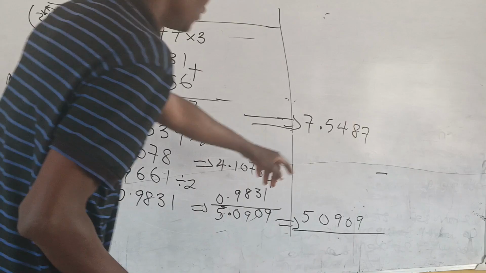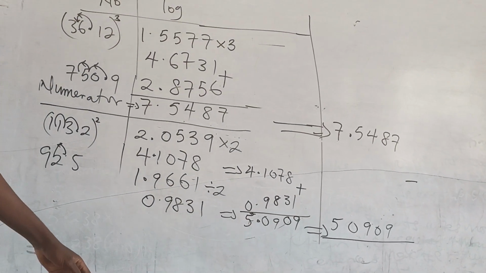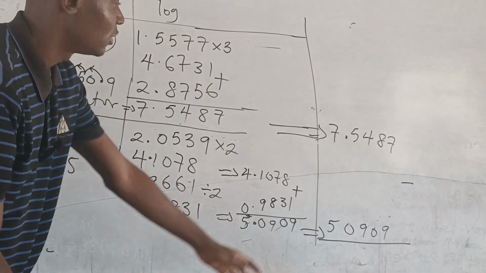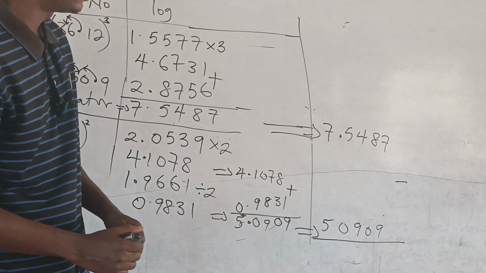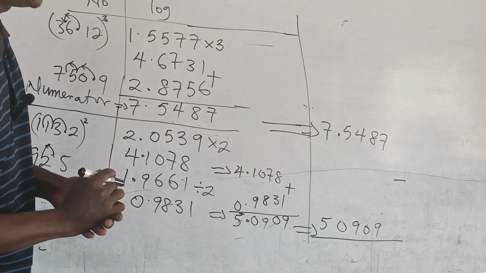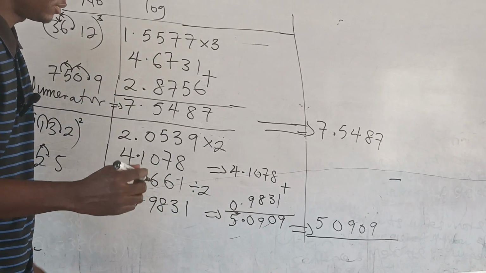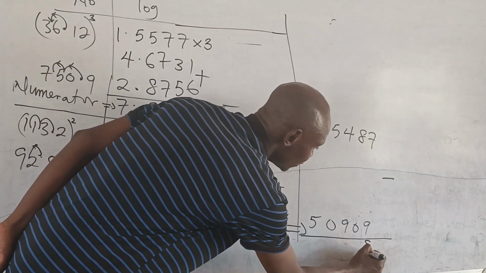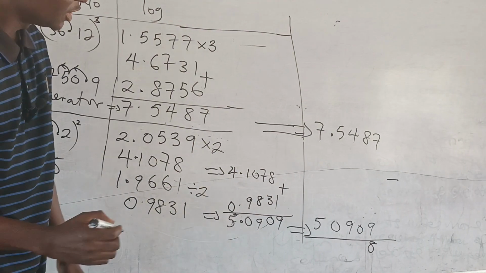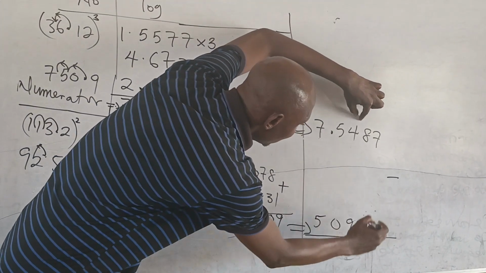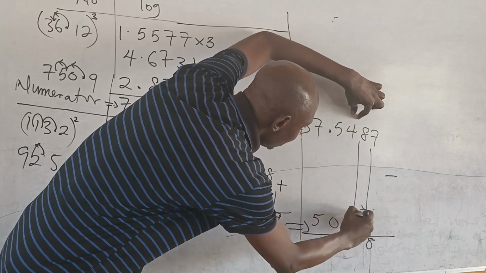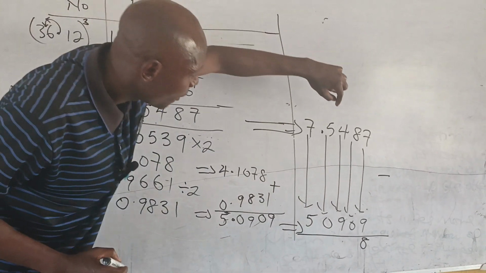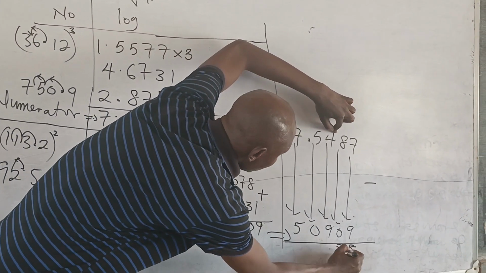So here, we are going to borrow 1 to 7 here. So 7, that is 17. 17 minus 9 will give us 8. So this place remains 7. So 7 minus 0. So we can draw a line like this, just to make sure that we did not make any mistake. So 7 minus 0 will give us 7.